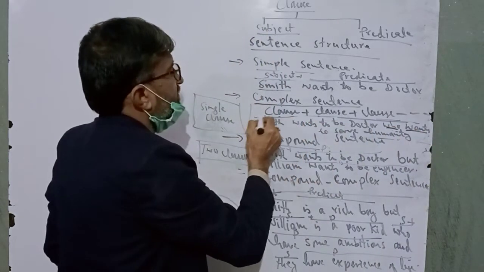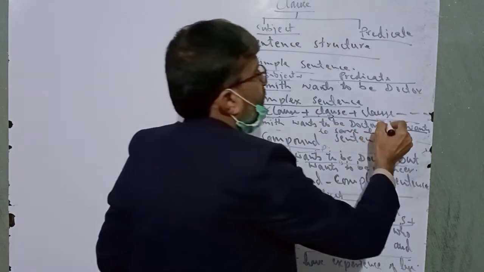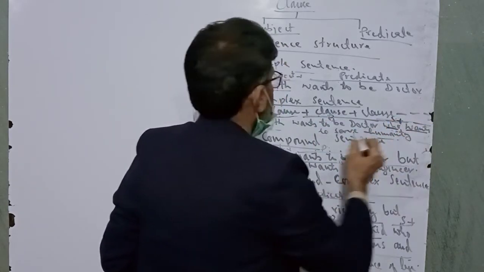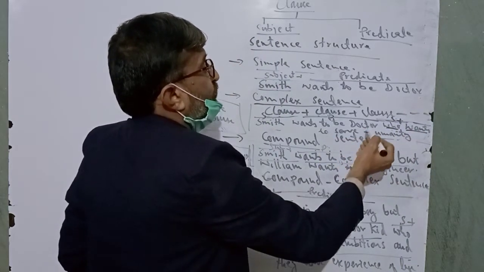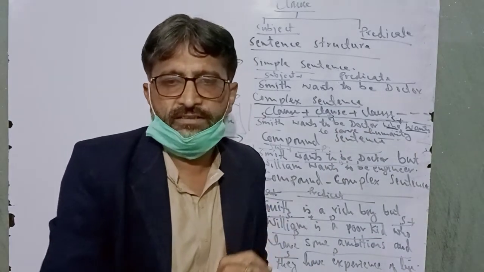Here Sint is subject and "wants to be doctor" is predicate, and here "who" is a subject, and again "wants to serve humanity" is another predicate. So there are two subjects and two predicates in this sentence.